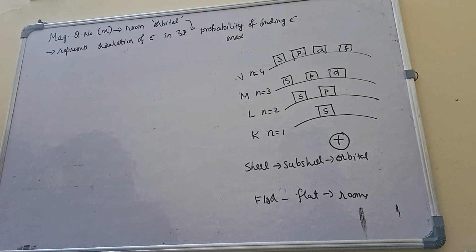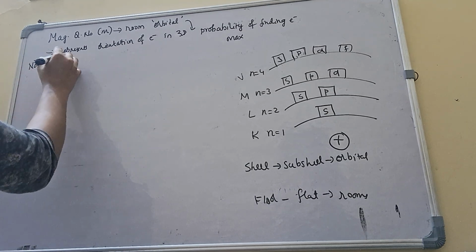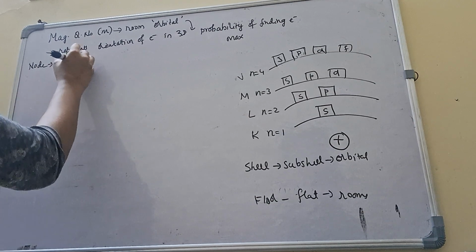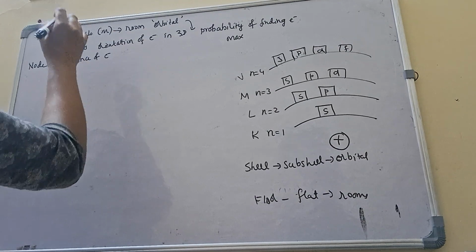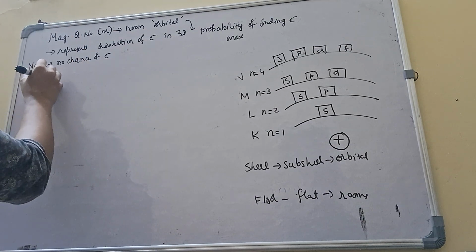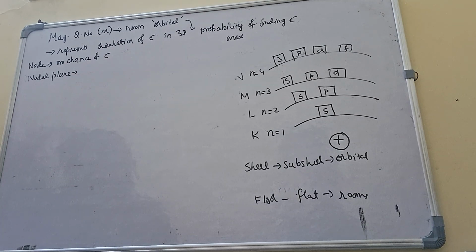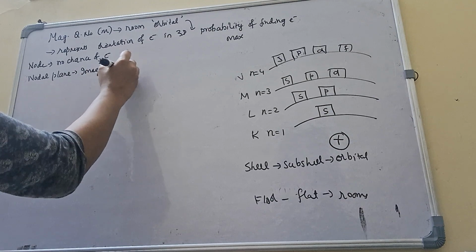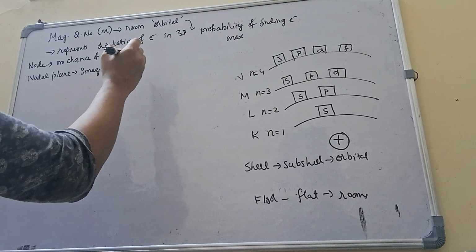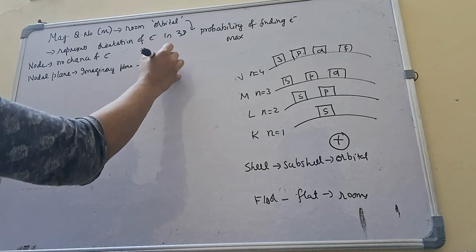And now let us talk about the different set of values for m. Now before we talk about that, I told you what is a node. A node is a region where there is no chance of finding an electron, or the chance of finding an electron is 0. There is also something called the nodal plane. And what is this nodal plane? It is an imaginary plane which cuts the orbital and does not have any electron, in simple words.